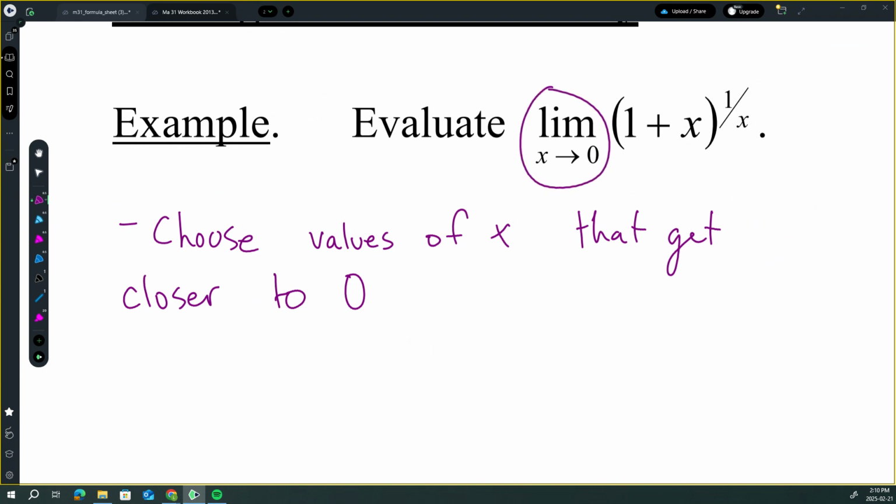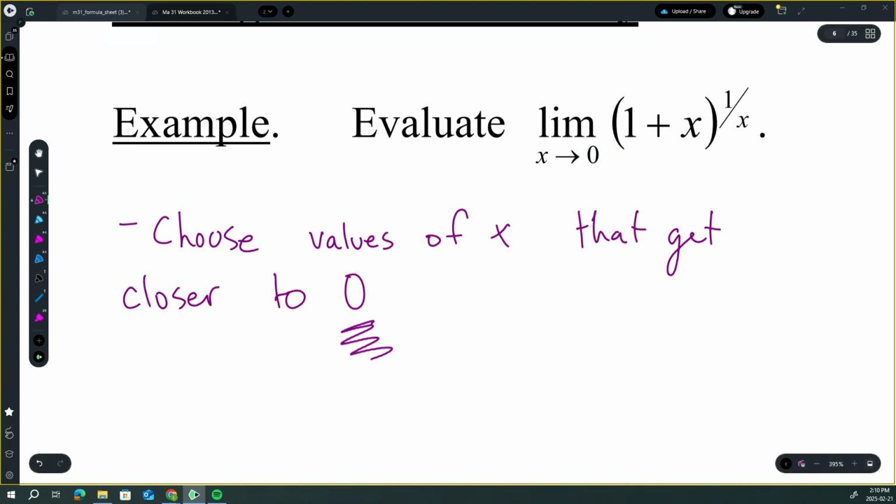It's because the question says we're trying to evaluate the limit as x approaches 0. The number that we choose for our values of x to get closer and closer to comes from this number right here. So just something to keep in mind.